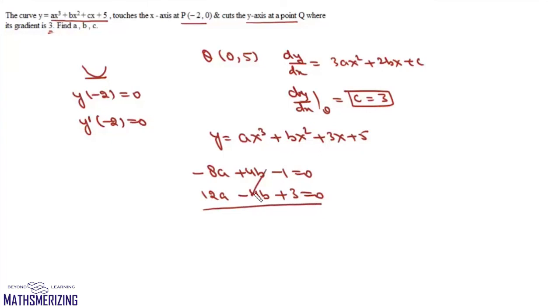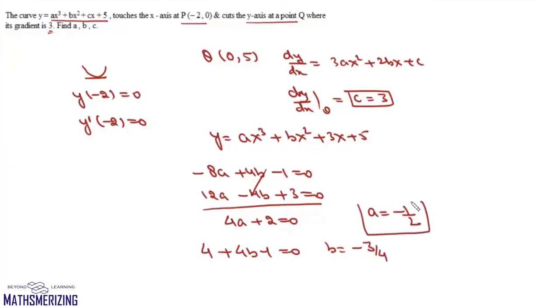Now if we add them, we can write 4a plus 2 equals 0. So the value of a is minus 1 by 2, and if we put the value of a in this equation, we can write 4 plus 4b minus 1 equals 0. So the value of b is minus 3 by 4. So the answer to this question is a is minus 1 by 2, b is minus 3 by 4, and c is 3.